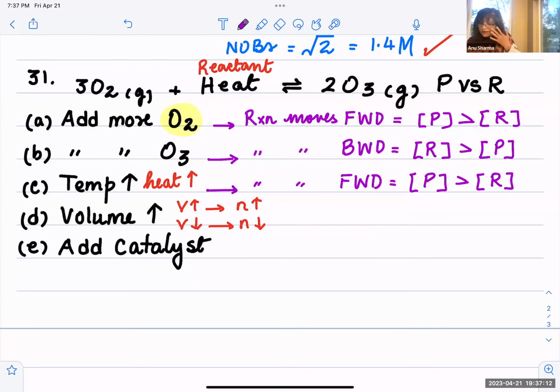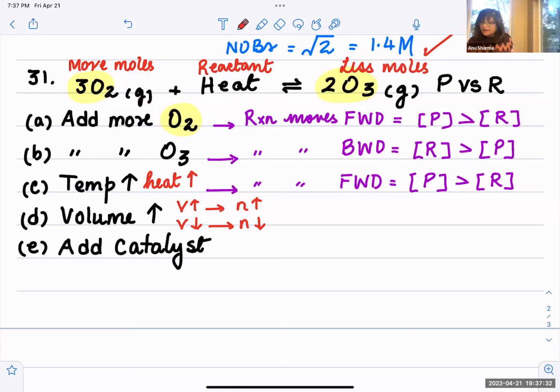So when the volume increased, you see that the oxygen has 3 moles, but ozone has only 2 moles. So there are more moles on the reactant side and fewer moles on the product side.